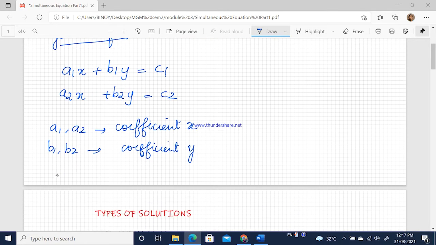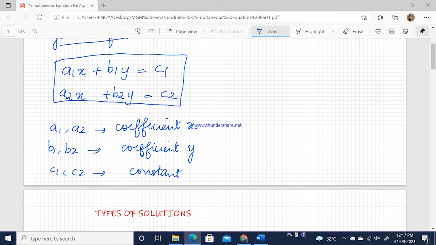And c1 and c2 are known as constants. So this is the general form of a simultaneous linear equation.